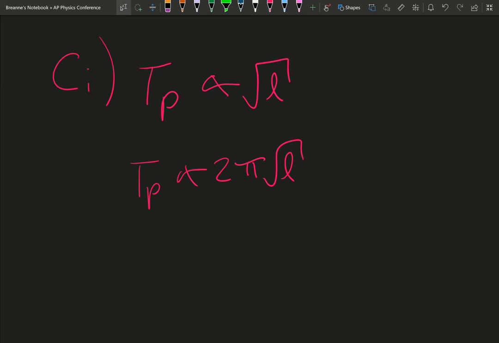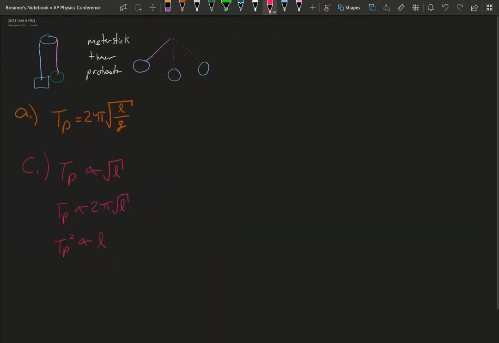So let's say again we ignored the 2 pi and you wanted to get rid of the square root, well, this would become squared, and then that one would be like that. So there's all kinds of variations you can do of this. But I would say the easiest way is just to pull from the equation. And you get 1 point for that.